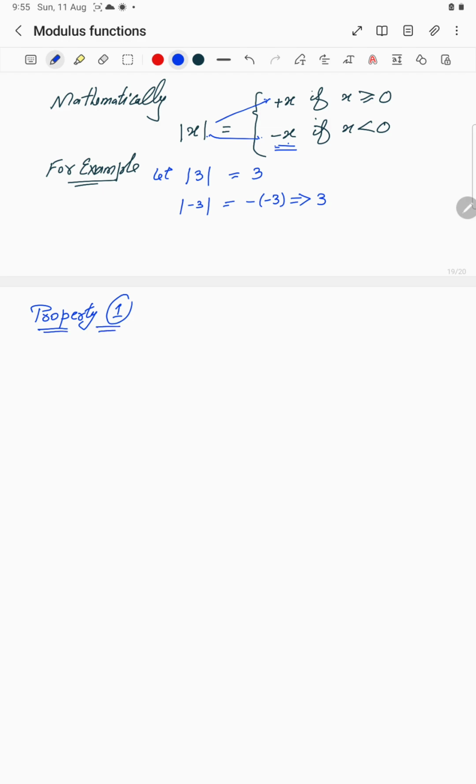Property 1 states that if the modulus of x is equal to k, then you can write x equal to plus k or x equal to minus k.